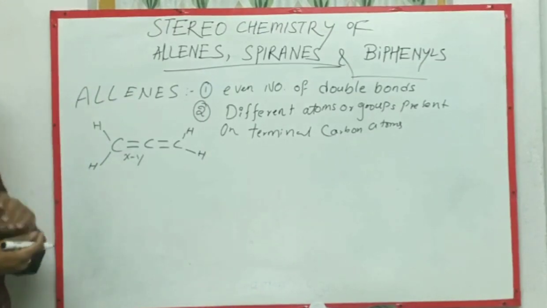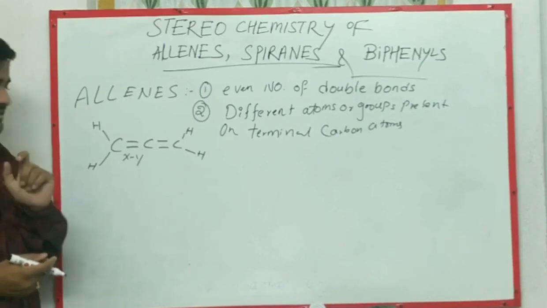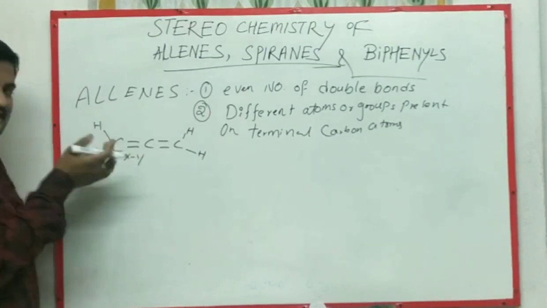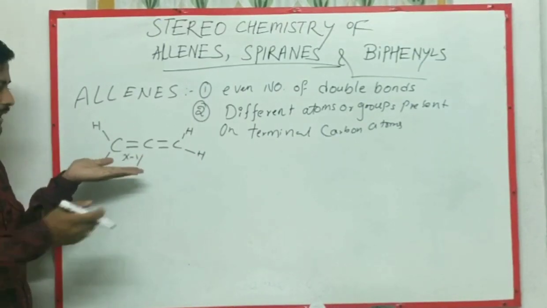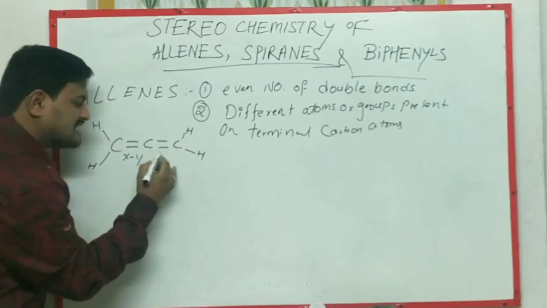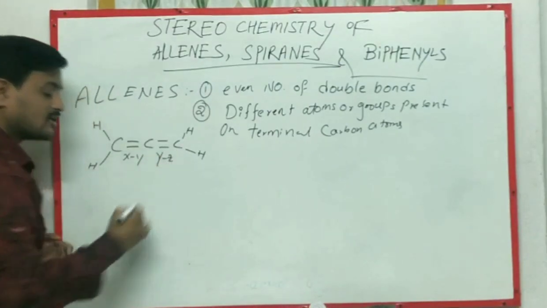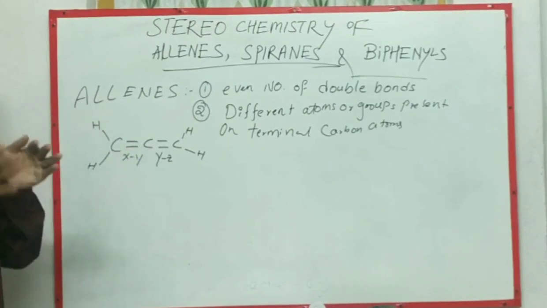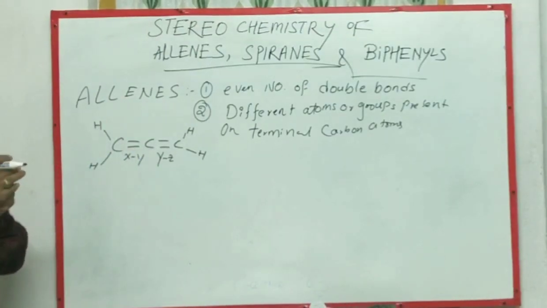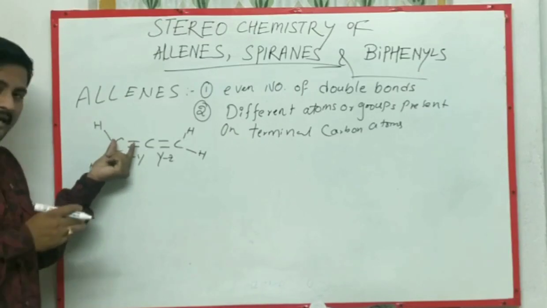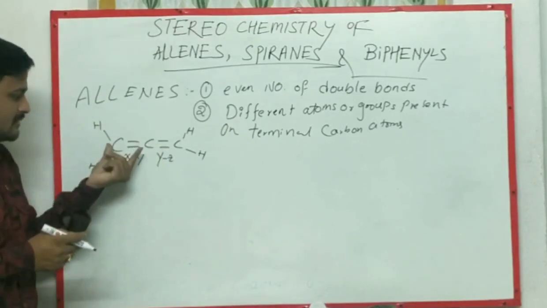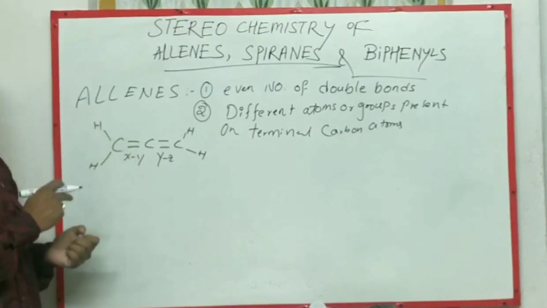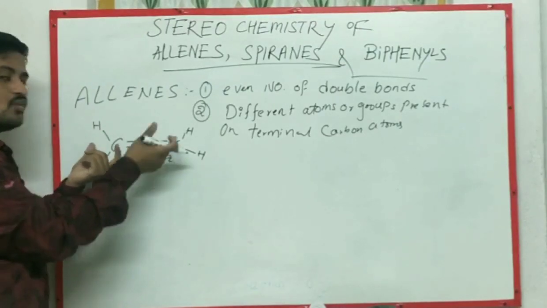Just listen carefully, it is a very important concept. This double bond is present in the XY plane, and this double bond is present in the YZ plane. In the case of allenes, the adjacent double bonds exist perpendicularly to each other. This double bond is perpendicular to this double bond, because this one exists in the XY plane and this one exists in the YZ plane.